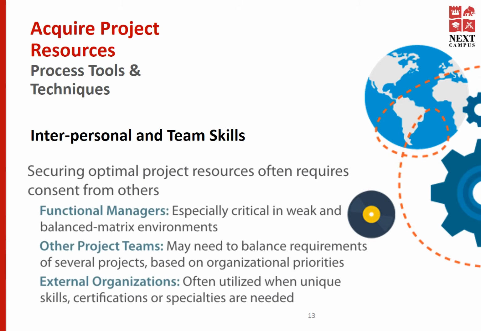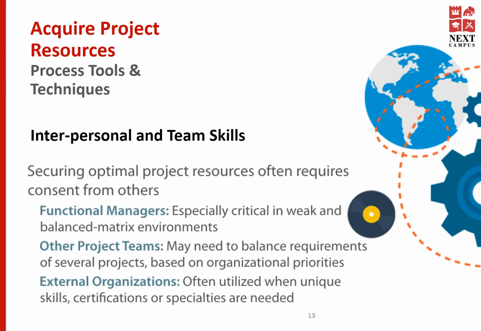Discussions with other project teams may be needed to balance the requirements of several projects based on the organizational priorities. If the potential resources are already assigned or working on a different project or projects, it's absolutely critical that you have discussions around these resources and have common agreements between you and other project teams.